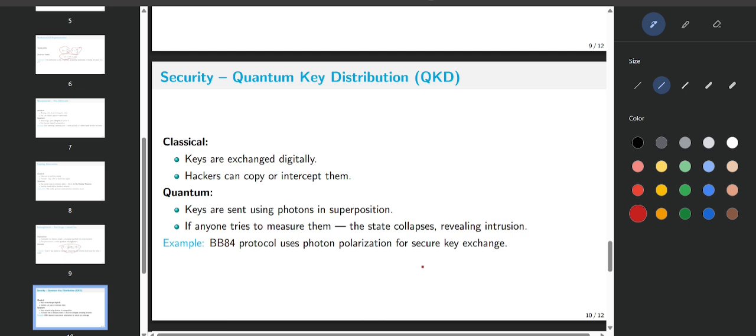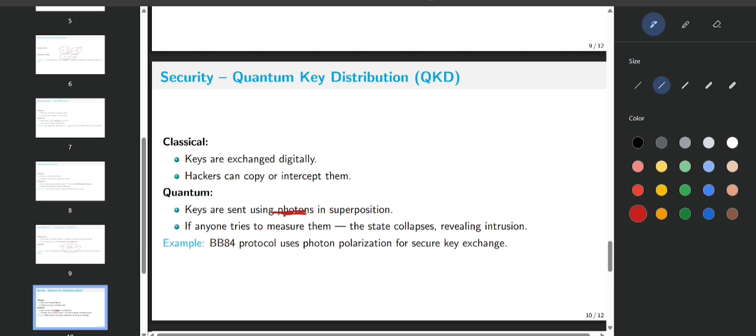Now, talking from the point of view of security: quantum key distribution. In classical cryptography, keys are shared digitally, such as the keys of your WhatsApp end-to-end encryption, and hackers can see and interpret them. But in quantum systems, keys are sent using photons in superposition states.